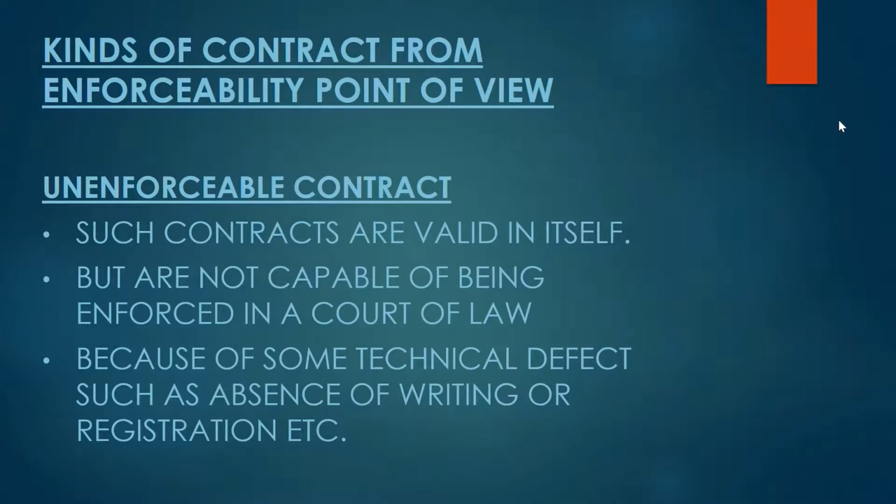But it still cannot be enforced in the court of law. Why? Because the contract is not in writing. In India, sale of immovable property is required to be through a written agreement. So if an agreement is not in writing, it cannot be enforced. Such contracts are called unenforceable contracts, right?